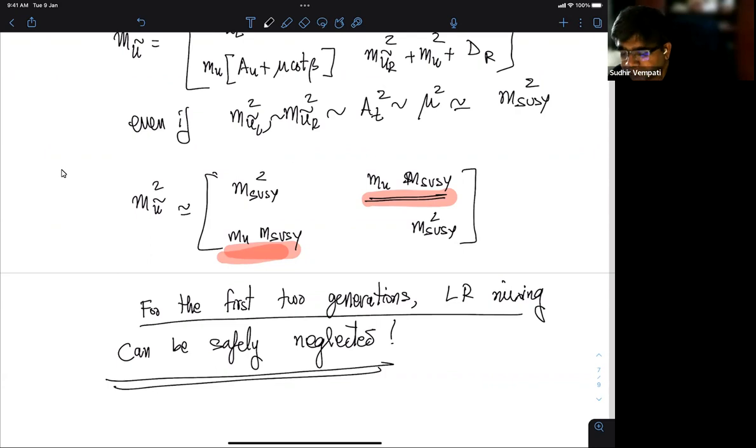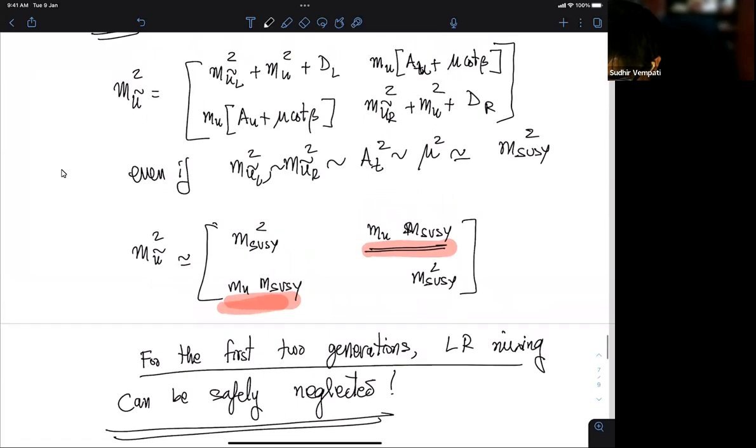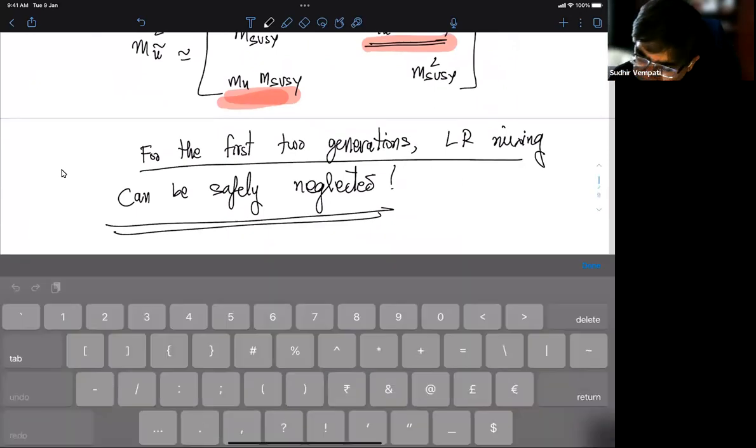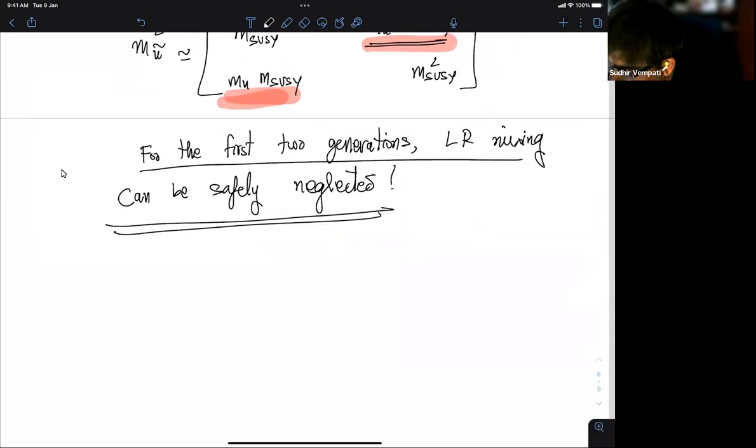You can completely neglect left-right mixing. The left-right mixing only plays a role for the 3rd generation, essentially, say for the stops, which play a very important role. So we will consider the stop mass matrix.